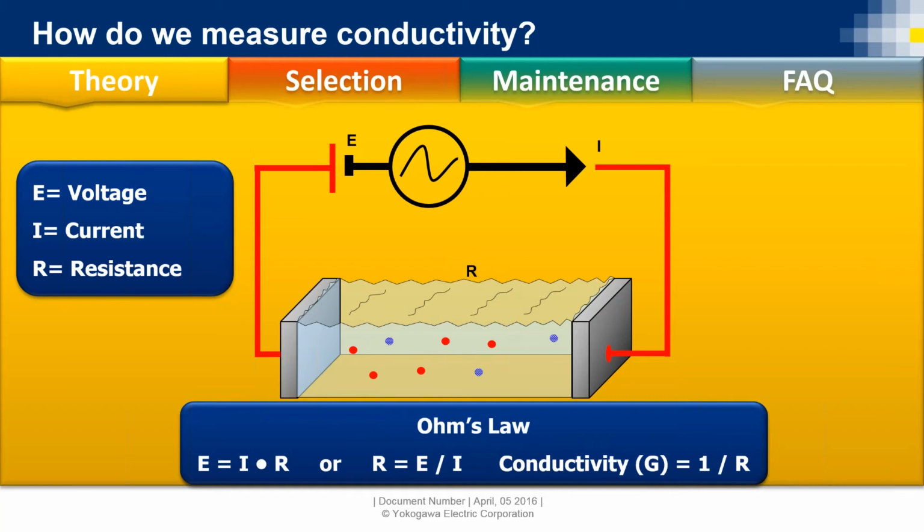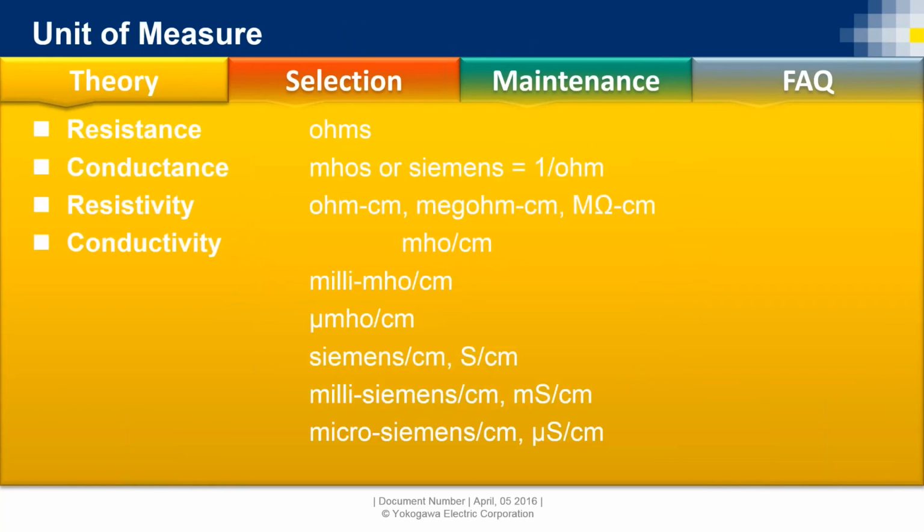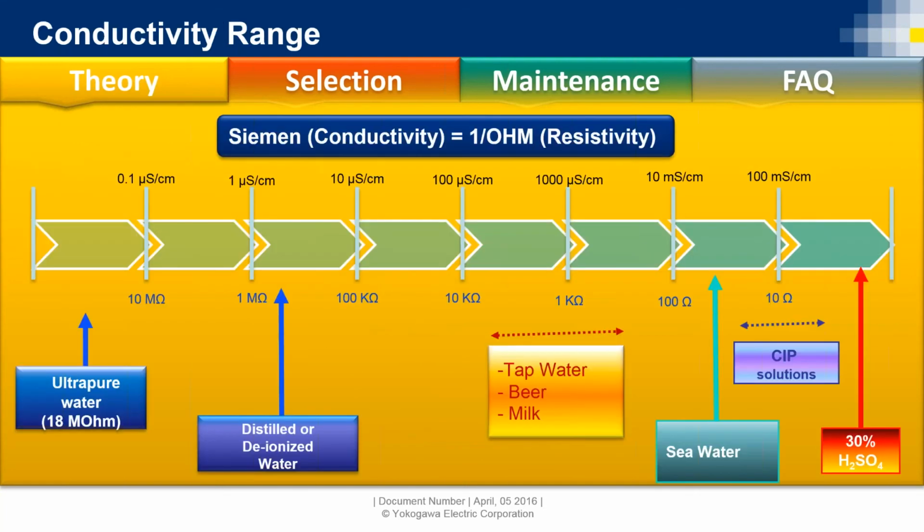That's why we can measure conductivity or resistivity in the same analyzer with the same sensor, because it's just a multiplication factor in the analyzer itself. And then, like David said, there are different units of measure. Most commonly we have microsiemens, millisiemens, and Siemens, and for resistivity we'll use ohms and megohms.